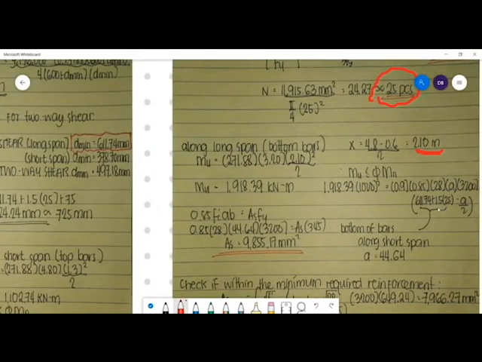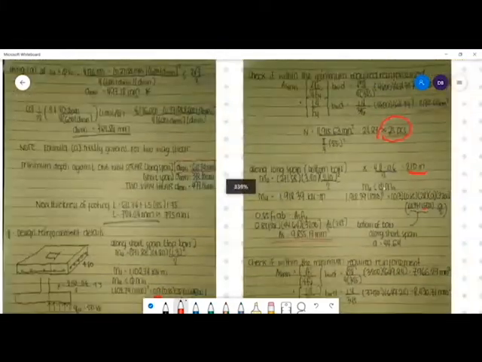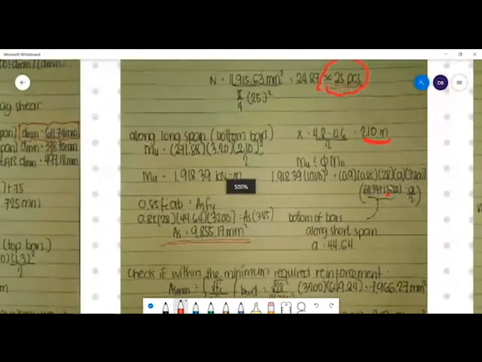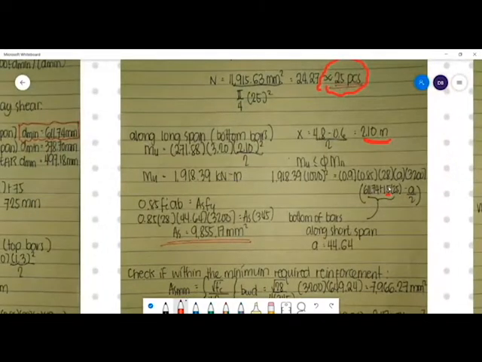I think I somewhat made a mistake here, similar to the first problem. This should not be 1.5 times 25, so let me recompute this for you. It should be 1 times 25.